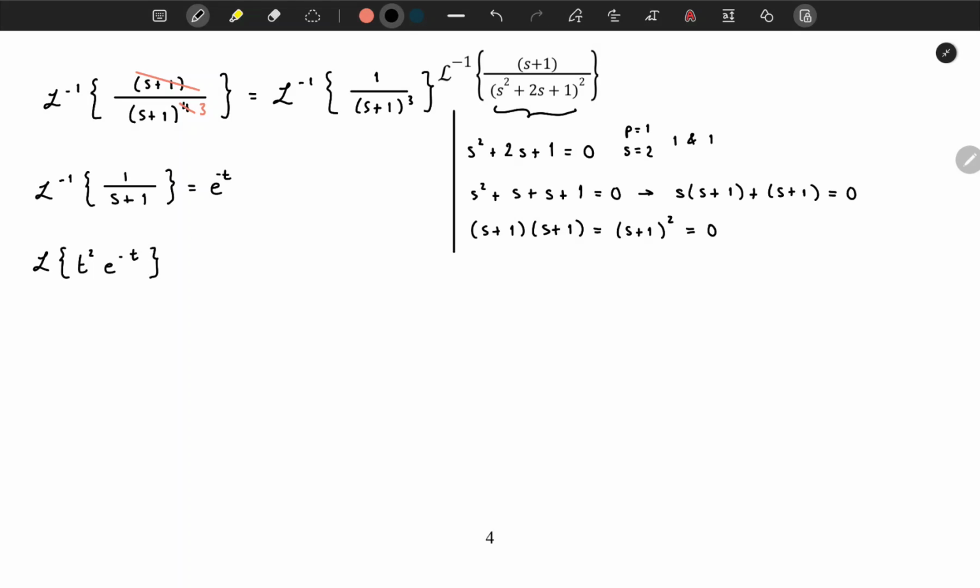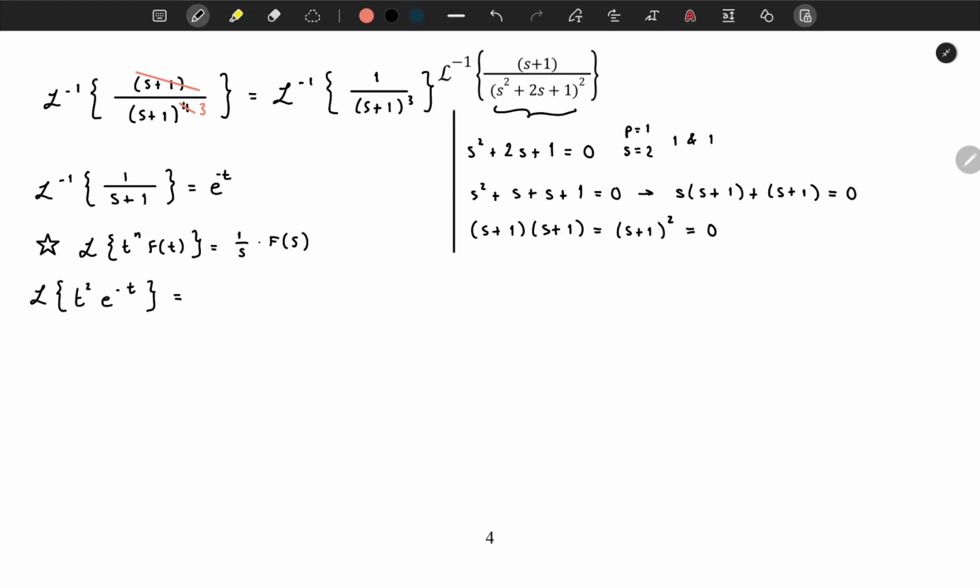So let's go ahead and evaluate this. Remember that this is a theorem. The theorem, if you recall, is t to the n times f of t, and it will give you the n-th derivative of F of s.